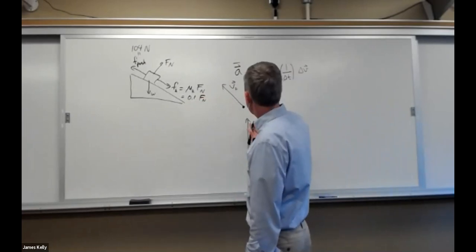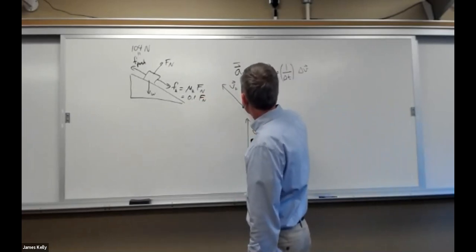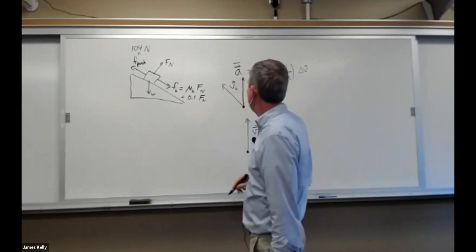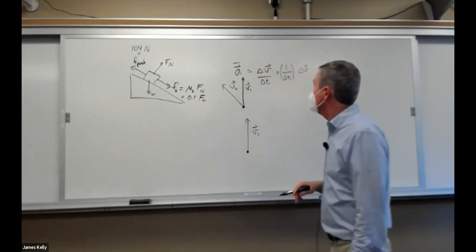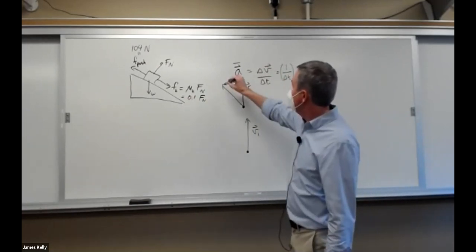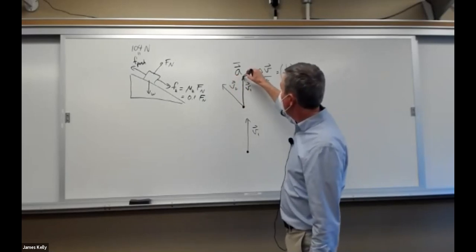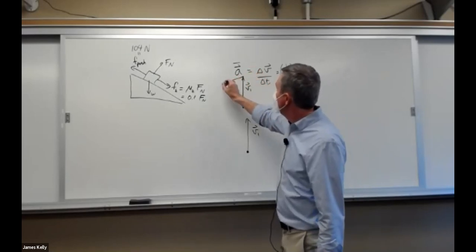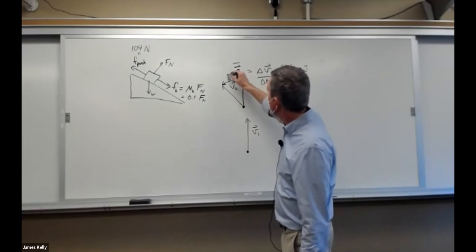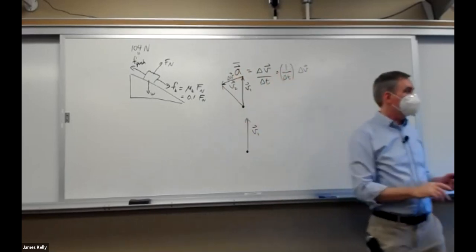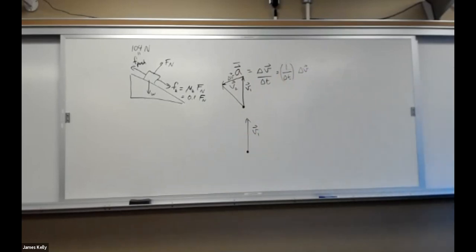So I can remember we can parallel transport vectors. If I had drawn this exactly correct, the vectors on the voting question were about the same length, so they should have the same length there. And if I draw from the tip of V1 to the tip of V2, that's a picture of what delta V is. So in this, let's go back and look at the possible answers there.